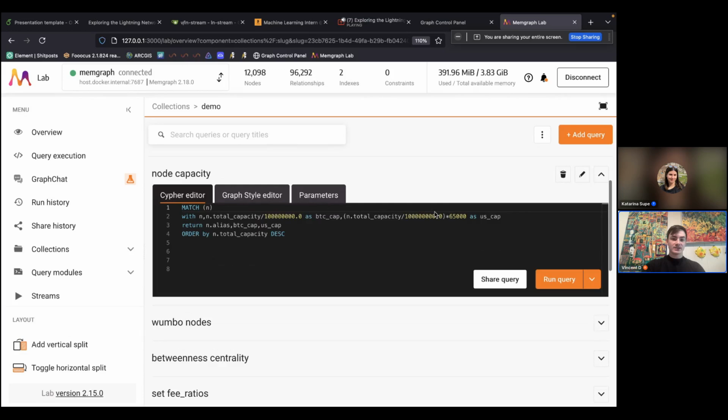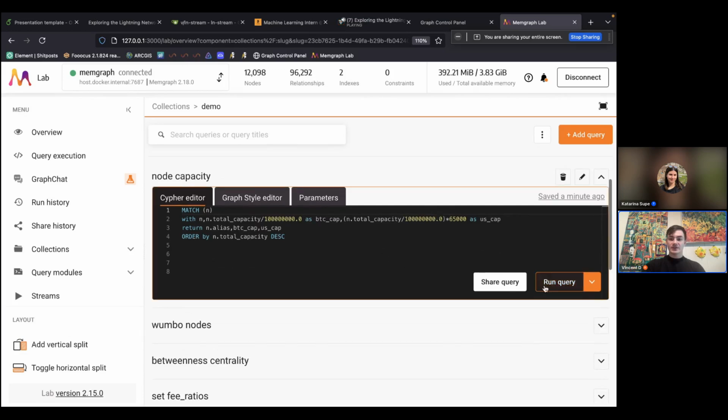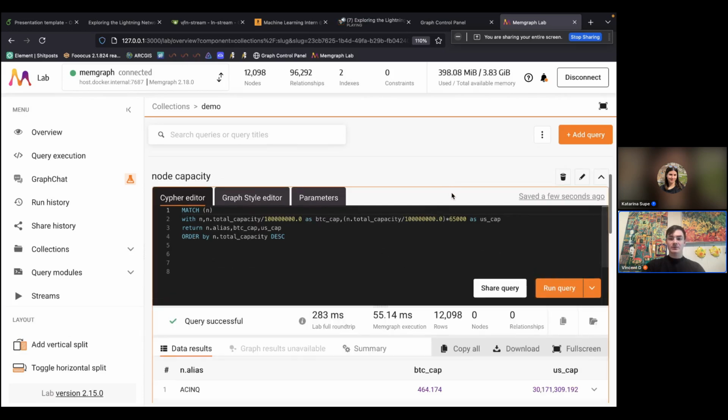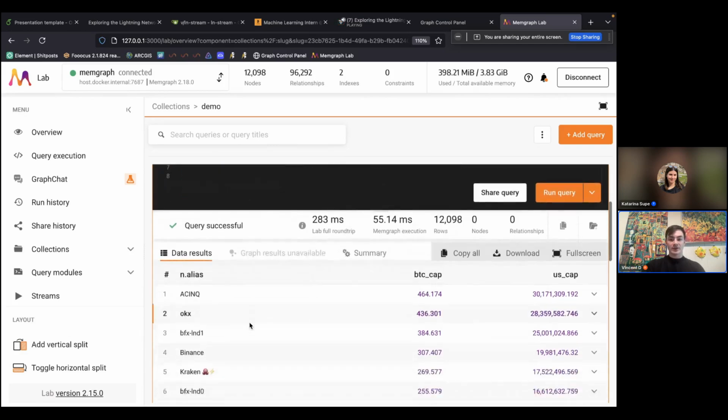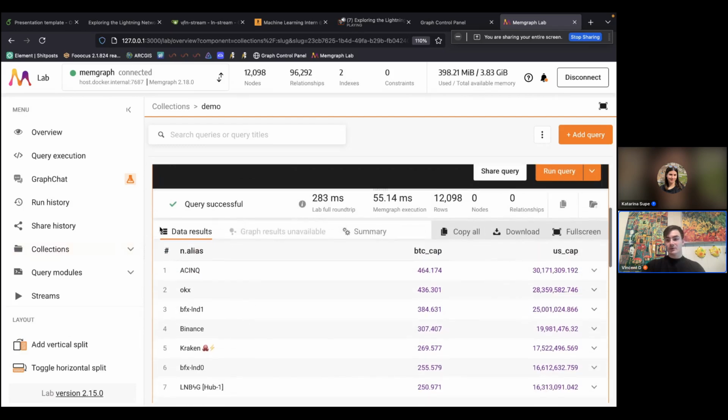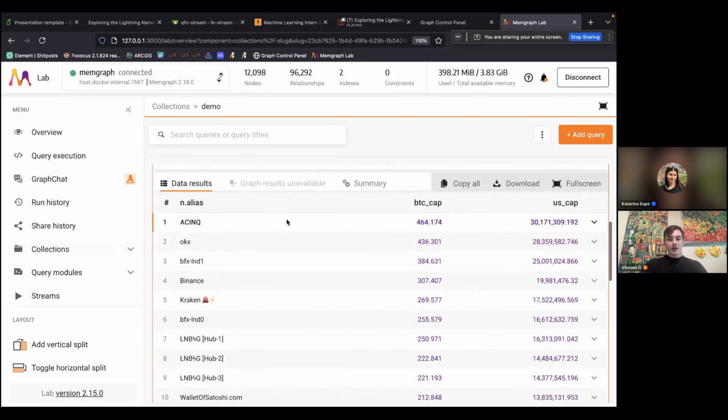Next up we have node capacity. This takes the incident capacity of a node, takes the total, and then sorts them so that we get an idea of which nodes in the network are the largest. You have the alias here, which is the human readable name, the capacity denominated in Bitcoin, and then the capacity denominated in US dollars.